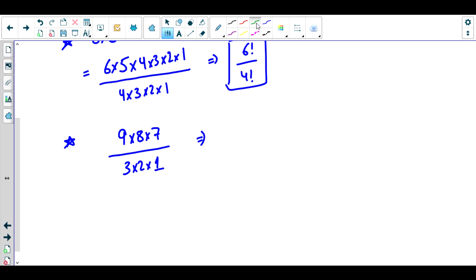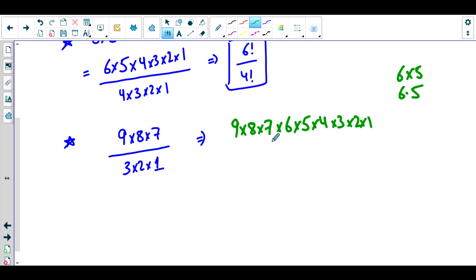I can write it like this: 9 into 8 into 7 into 6 into 5 into 4 into 3 into 2 into 1. Now the thing is that this is not part of the question. You multiplied this on your own, so you have to divide it also.